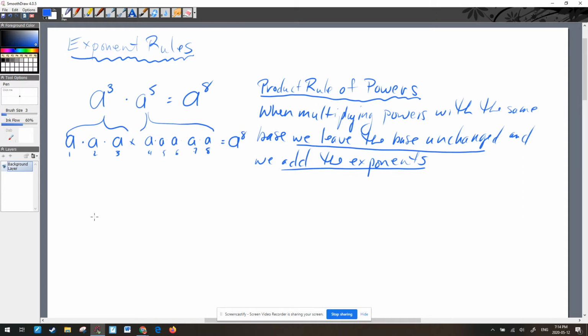Imagine that we had it the other way around. Imagine we had a to the 5th divided by a cubed. What would that equal? Hopefully you remember right off the bat, you know exactly what it is. And of course, hopefully we know that it is a squared. Okay, and so this is the quotient rule of powers.